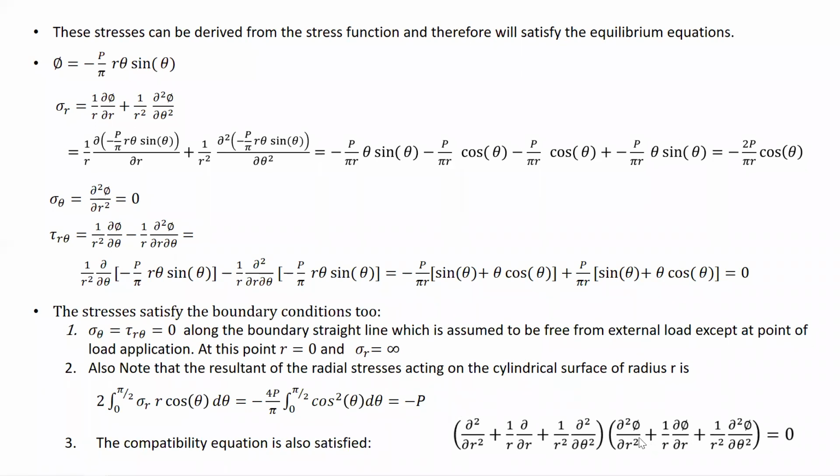Get the derivative with respect to r twice, derivative with respect to r, derivative with respect to theta squared, add them up, and then again, get the derivative with respect to r twice, get the derivative as shown here, and at the end of the day, show it is equal to 0. I did not show the detail, it's just simple math.